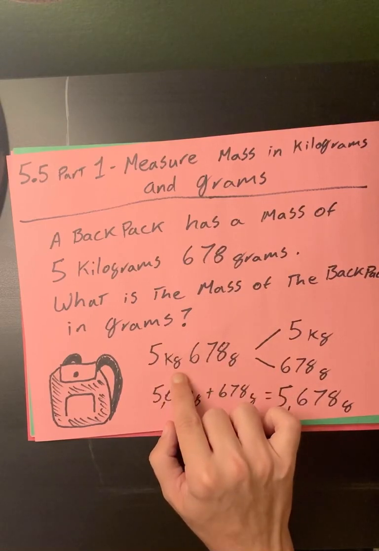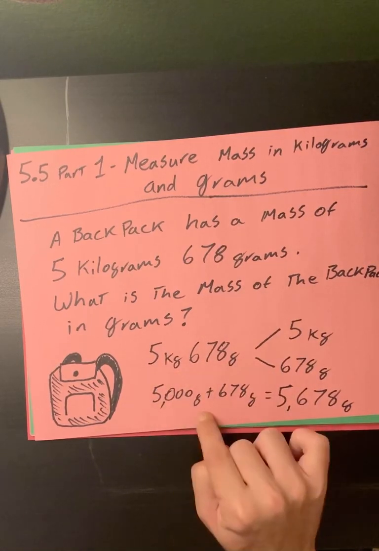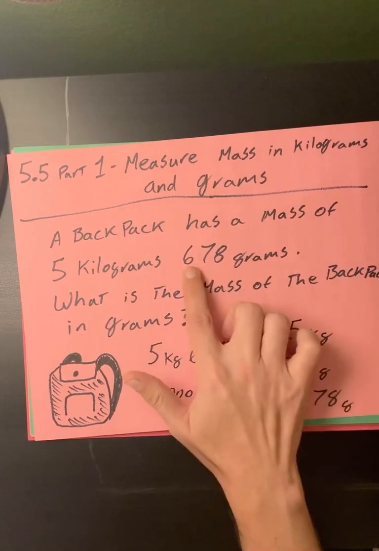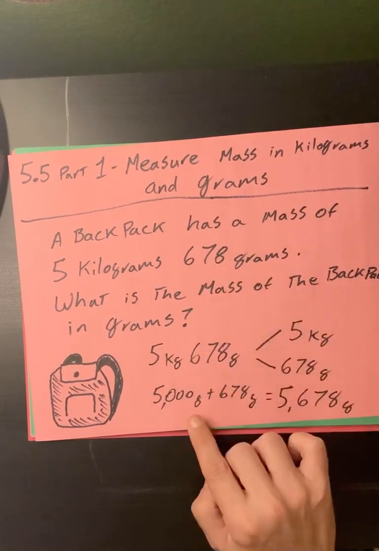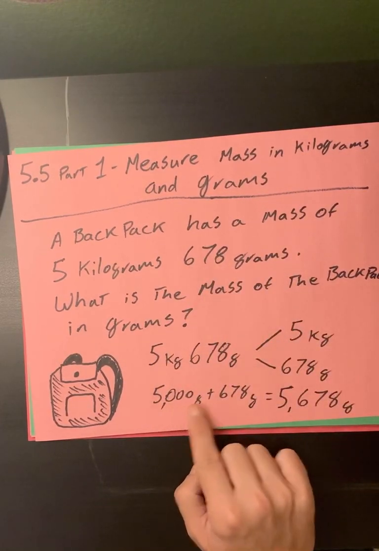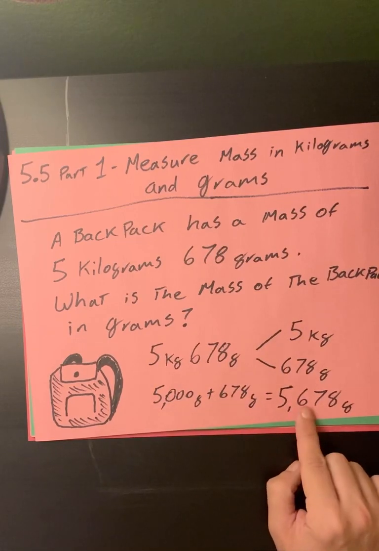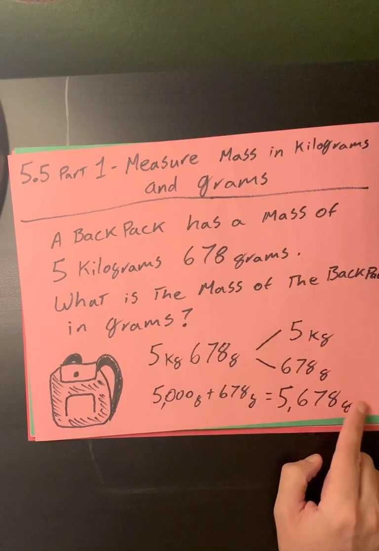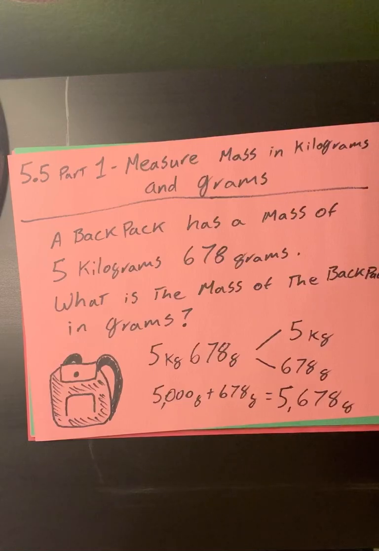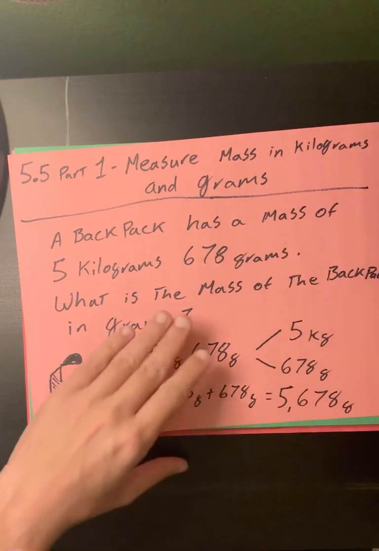Well, 5 kilograms is 5,000 grams plus the 678 grams. I add those together, I get 5,678 grams. This may look familiar to when we did meters and kilometers, which was also, again, 1,000.